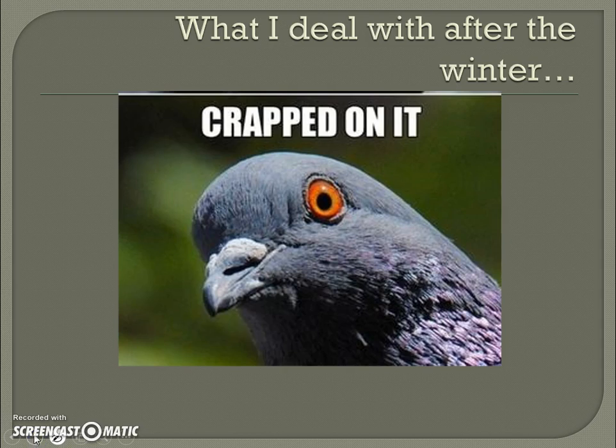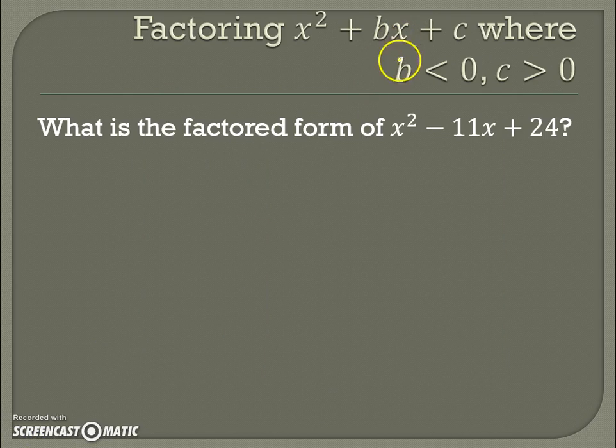All right, so factoring x squared plus bx plus c when b is less than 0 but c is greater than 0. If you're thinking of FOIL, if I have x and then some term that goes with it, and then another x and another term that goes with it, if this is positive, that means these last two terms either had to be a positive times a positive or a negative times a negative.